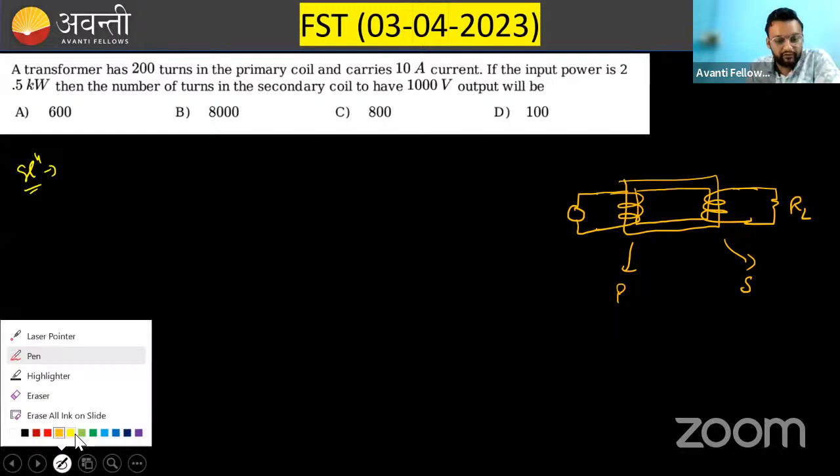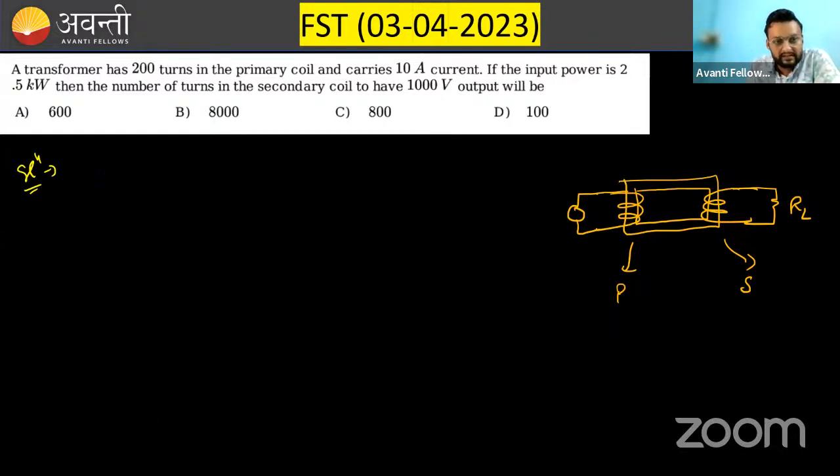In a transformer, there are a few relations that you should know. Let's mention the data. Number of turns in primary, NP, is 200. Current is 10 ampere. That means the current on the primary side, generally denoted as input current, is 10 ampere.